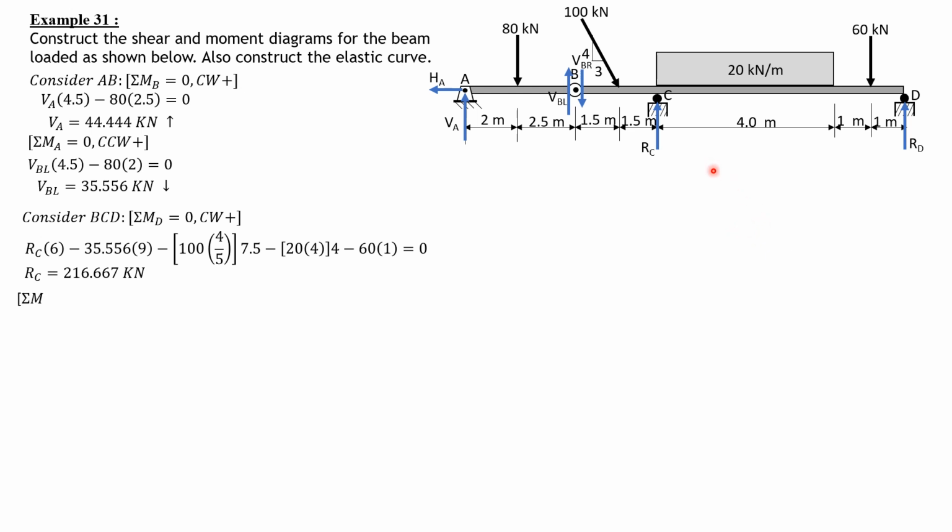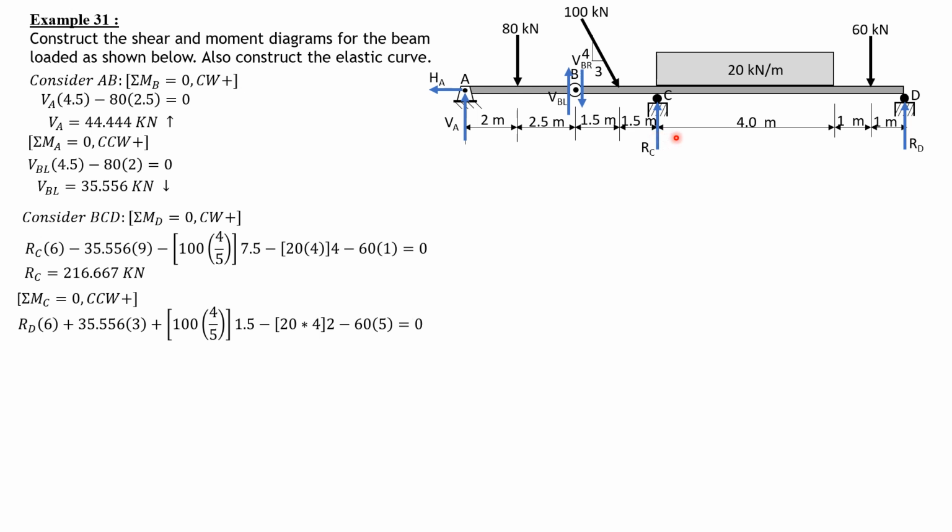Then summation moment about C equals 0, counterclockwise positive. So we have R sub D times 6 plus 35.556 times 3 plus vertical component 100 times 4 over 5 times 1.5.